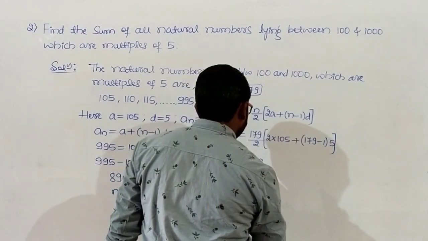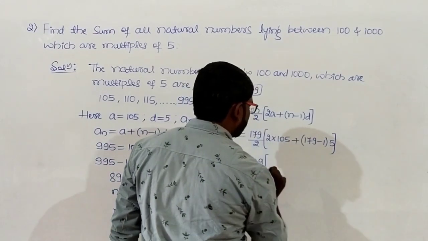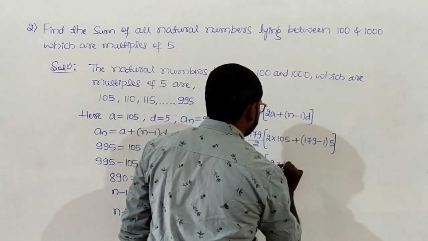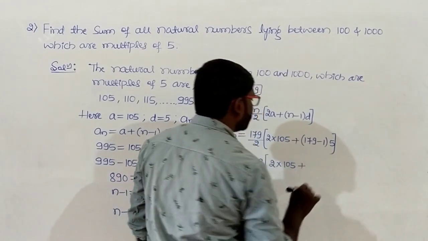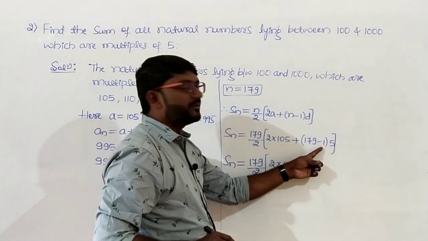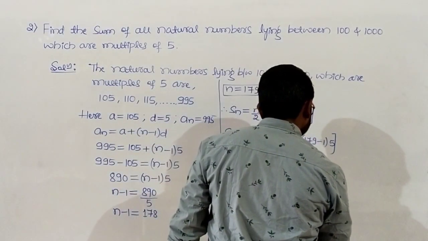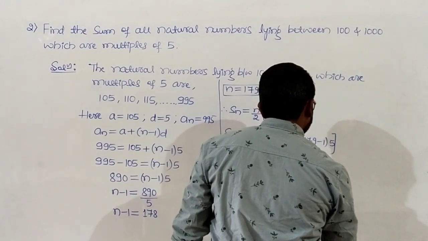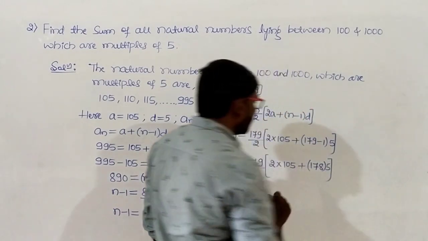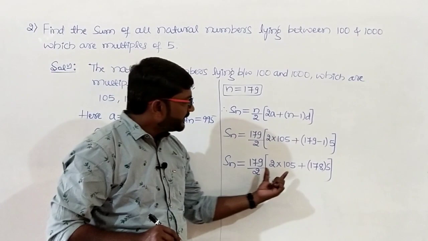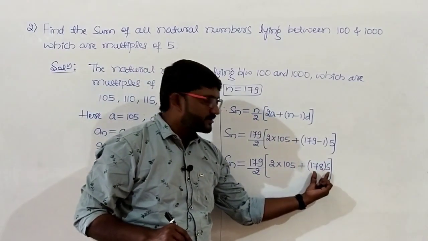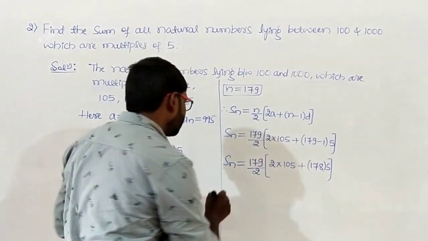So 179 divided by 2, then write this as it is, 2 into 105, plus 179 minus 1 which is 178, into 5. Now take this 2 inside, it divides the first term as well as the second term. So here the 2 cancels.